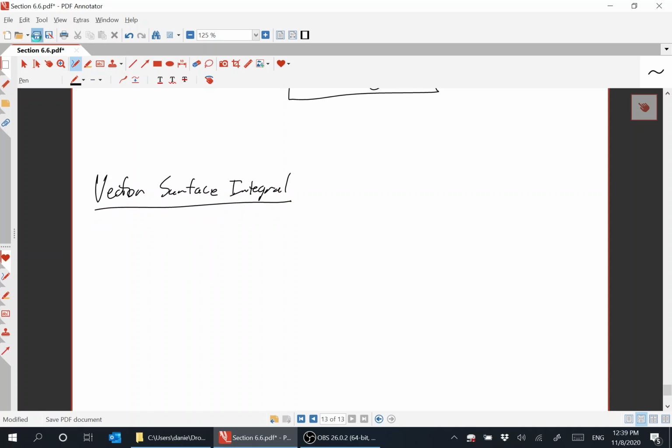So for the vector surface integral, we start with, consider a 3D vector field, F equal to P(x, y, z), so three variables, Q(x, y, z), R(x, y, z).